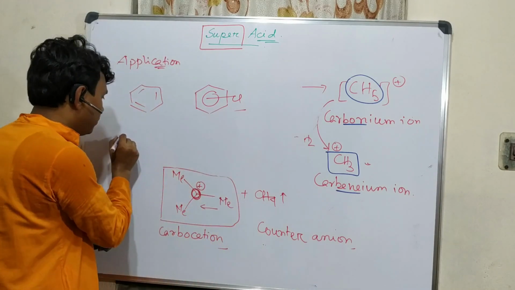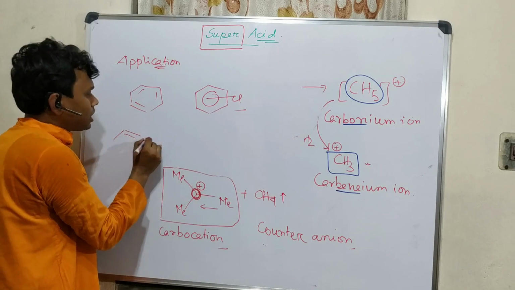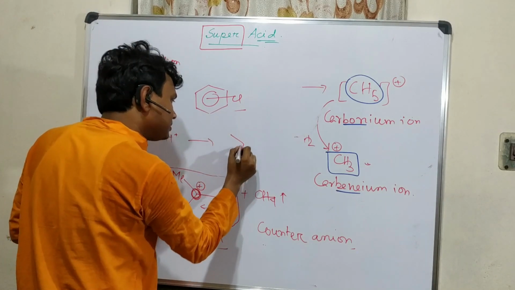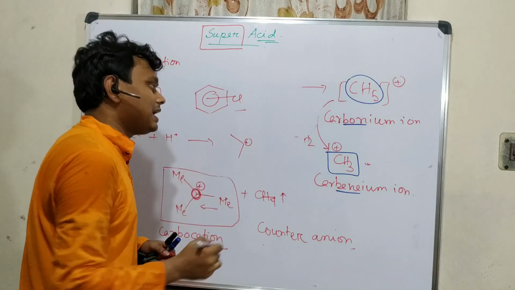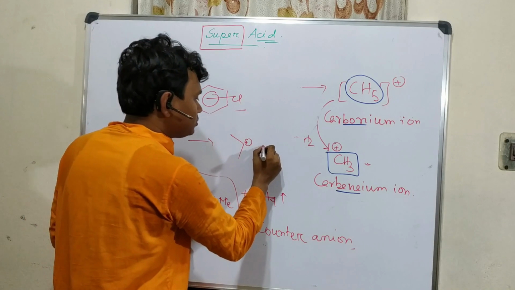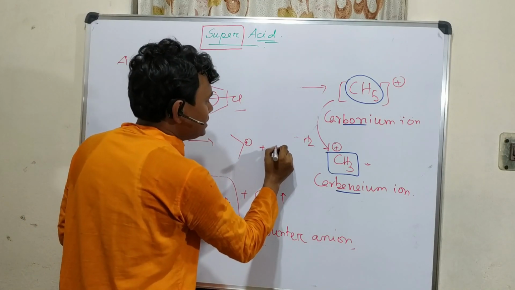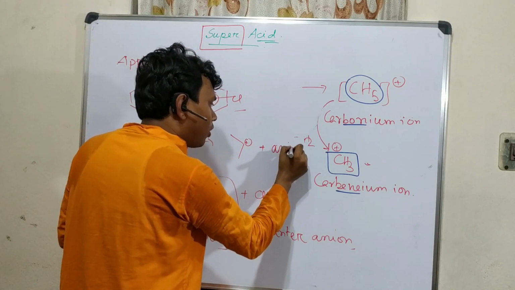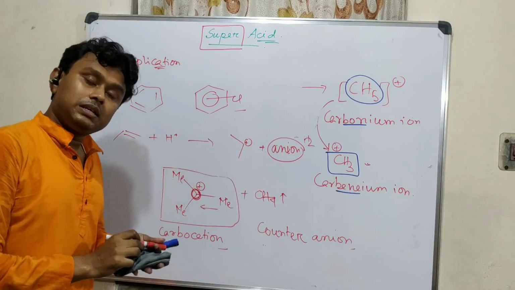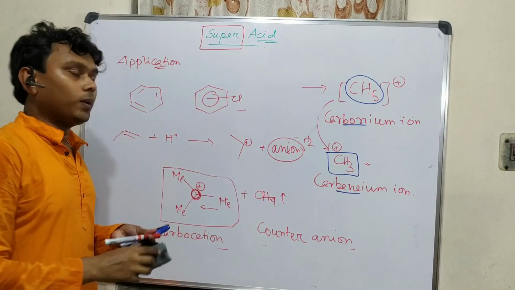Because in the presence of a superacid, a double bond produces a similar carbocation, and that is stabilized similarly, due to the extreme stability of the anion formed from the superacid molecule. So this is the main application of superacids.